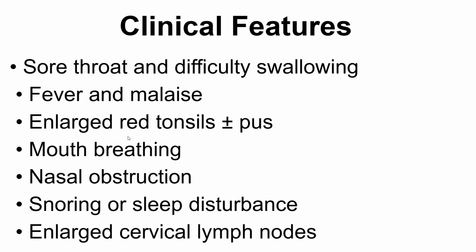The patient can breathe through the mouth if there is any airway or nasal obstruction, and snoring and sleep disturbances are other symptoms. And cervical lymph nodes will be enlarged, particularly in the neck region.